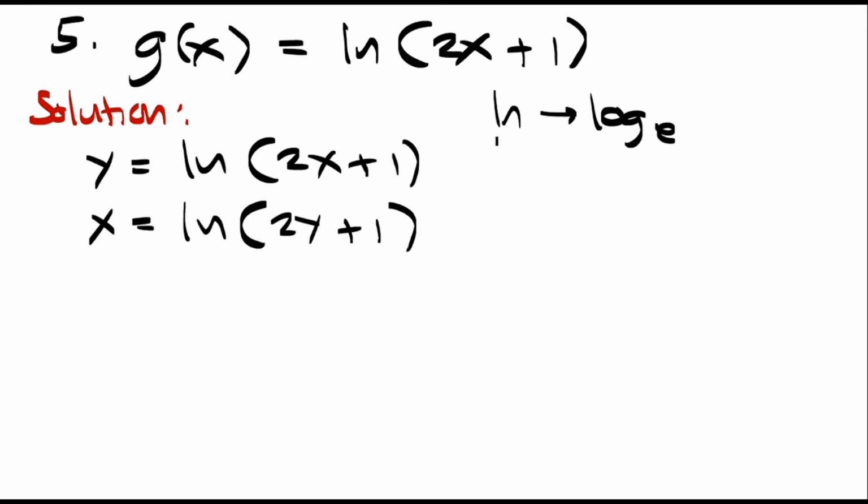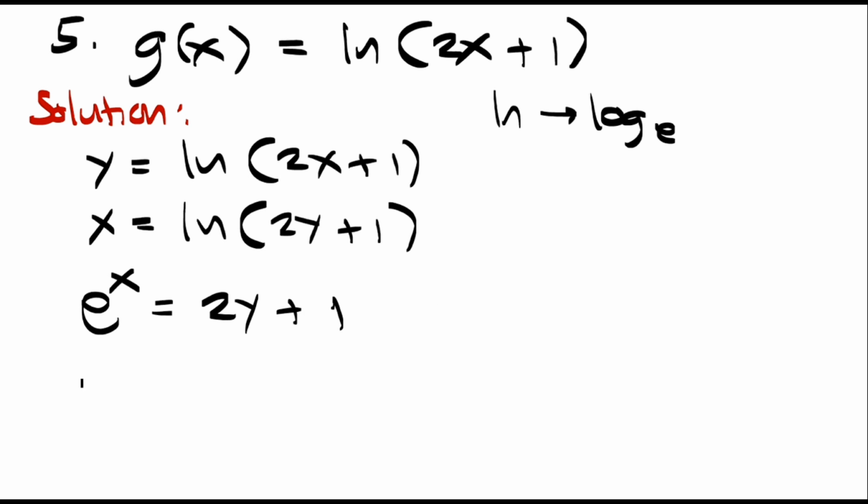So the base here is e. To convert this into exponential form, the base is always raised to the other side. So base is e, so we have e. What is the other side? We have x, so we have e to the x equals this expression, 2y plus 1.